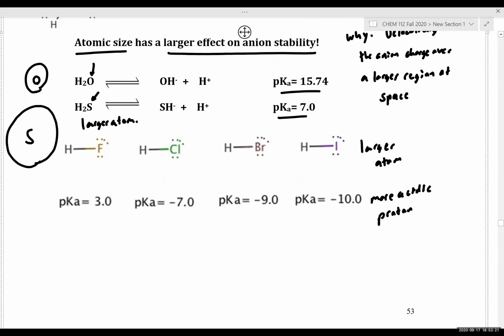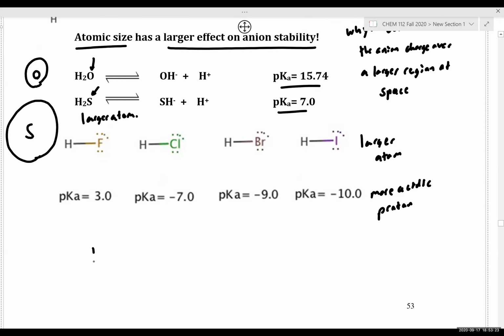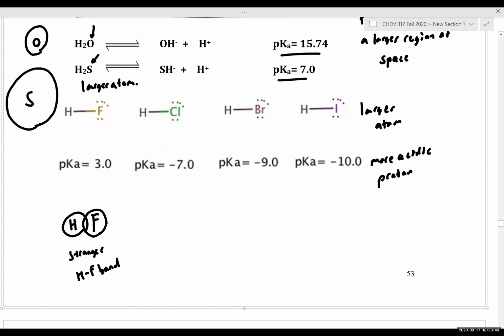Another argument that you could use is that the smaller your atom, the stronger your hydrogen-fluorine bond is going to be, and the harder it is to dissociate your bond.